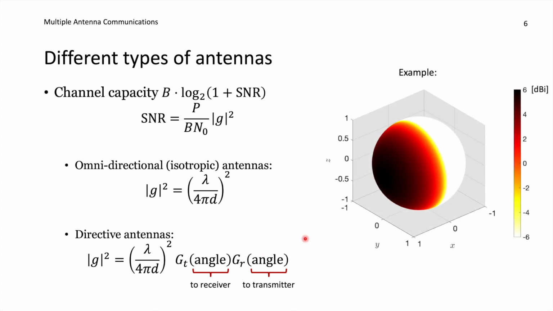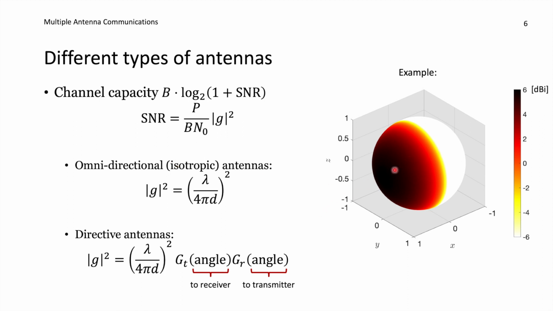Here's an example of a patch antenna that is radiating all of its energy in only one half plane, in this direction here, nothing on the backside, and we can see that there is a different power density at different angular directions here. And the maximum value here is 6 in dB scale, or dBi scale it's called, because this is how much stronger the antenna is in that direction compared to this type of isotropic antennas.